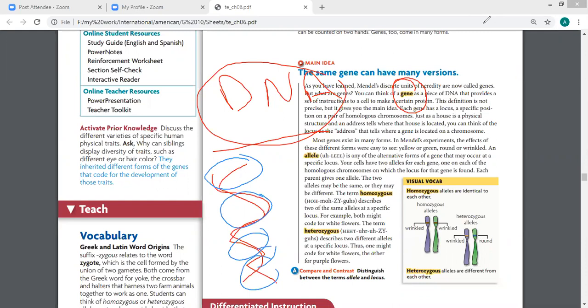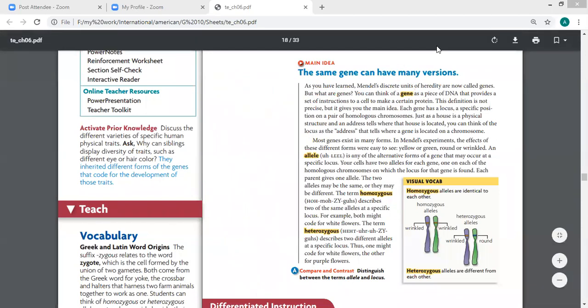Each gene provides a set of instructions and information to any cell to make a certain protein which is responsible for the appearance of a certain trait. Okay, you got it? So there's a difference between gene and DNA.